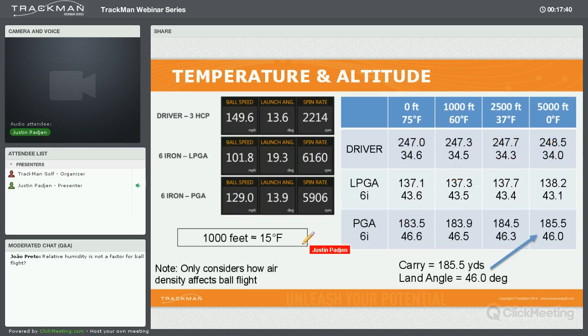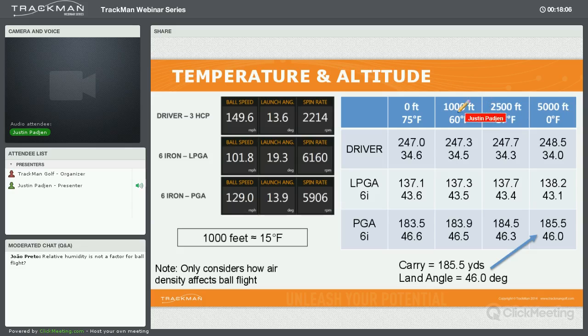And so what you find out, again, another rough rule of thumb, is that 1,000 feet up in elevation is equivalent to losing about 15 degrees Fahrenheit. So I went up by 1,000 here, and I went down by 15 degrees here, and you can see that the numbers didn't really change that much at all.